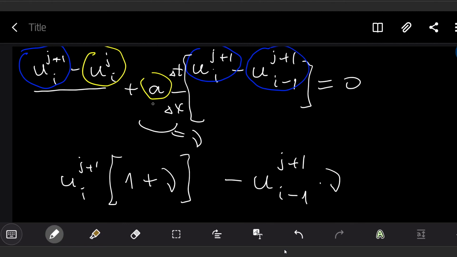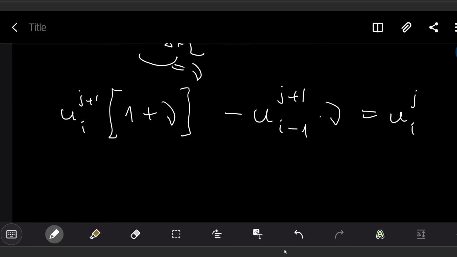This nu is from these brackets here. So this is all the unknown part, and the known part is u i j.